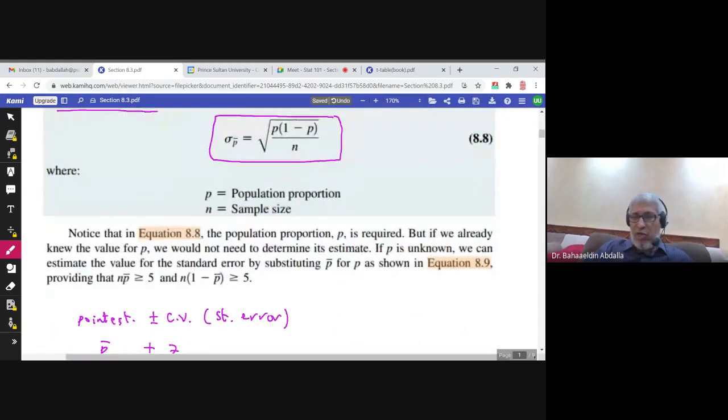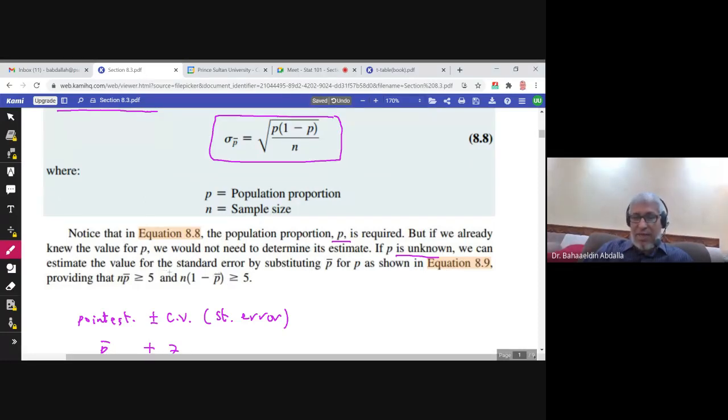But we need to estimate P, the population proportion P. We need to estimate P, and we don't have it, okay? We cannot find the standard error using P because P is not given, it is unknown. So what can we do?